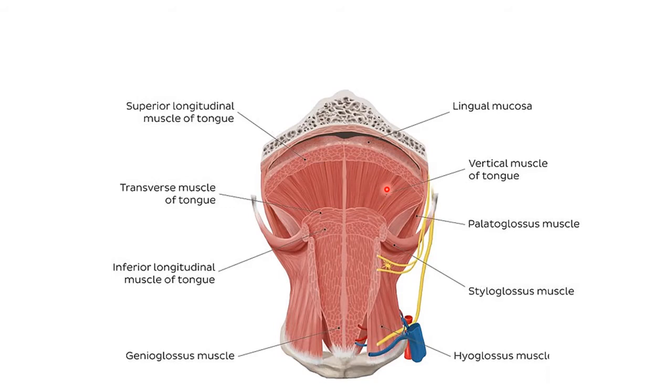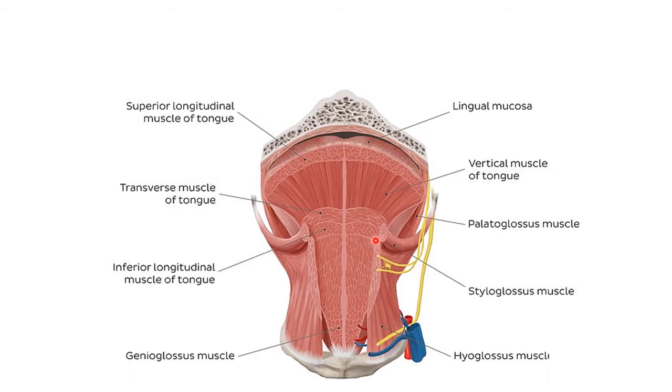The 4 extrinsic muscles are the genioglossus, the hyoglossus, the styloglossus, and the palatoglossus.